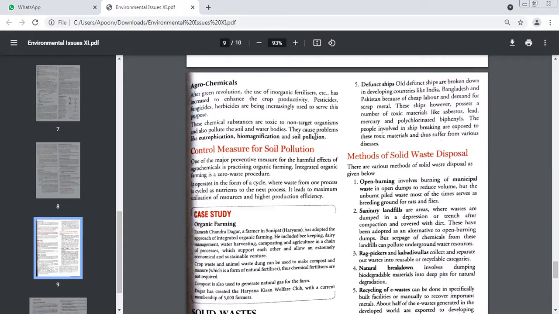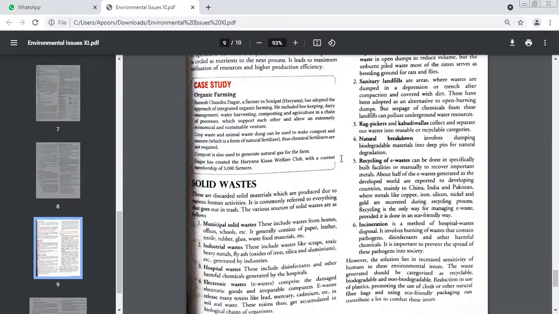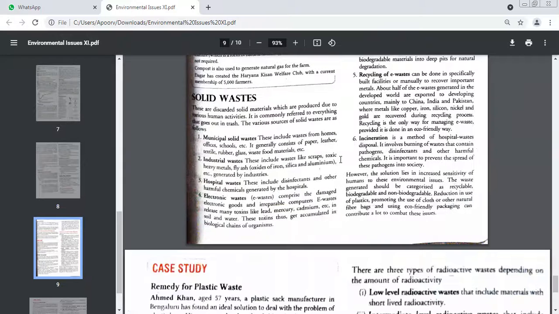Okay, now let's go further. Let's read about the kinds of solid waste that we have. The first kind of solid waste is, tell me very quickly. Municipal solid waste. Okay, what is solid waste?